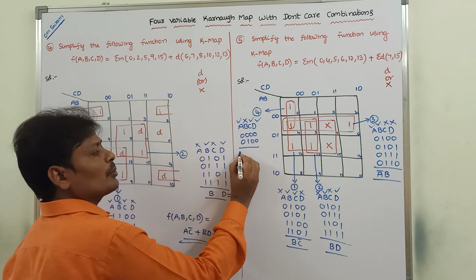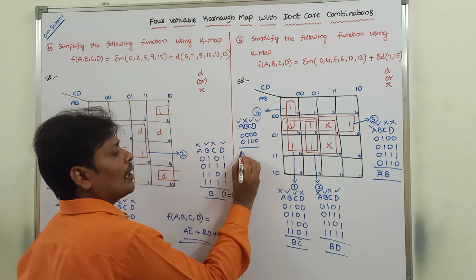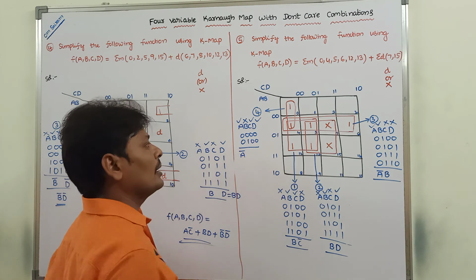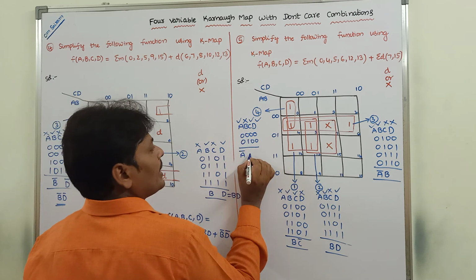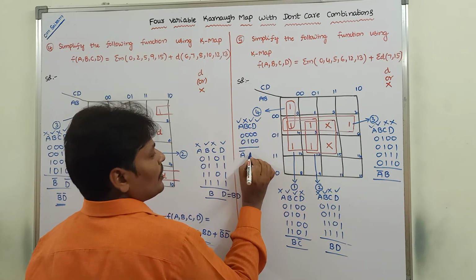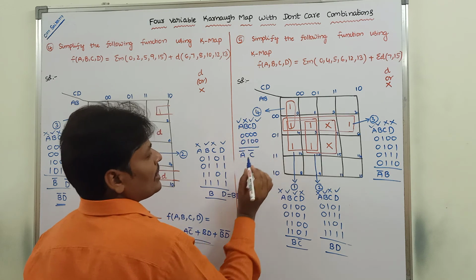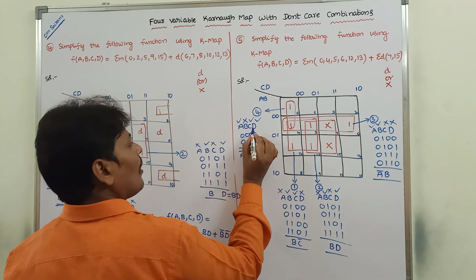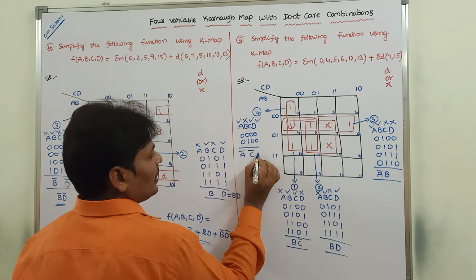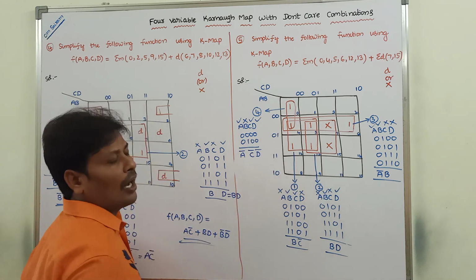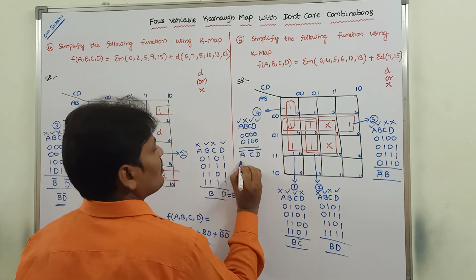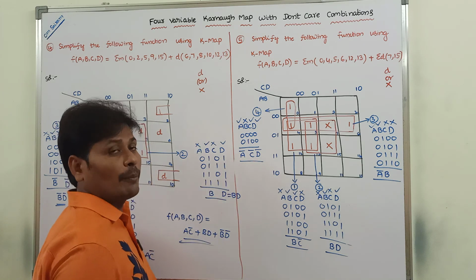A column contains only zeros, so in that column A value 0 means A bar. C column consider because it contains only zeros. In that column C value 0 means C bar. D column is considered. In that column D value 0 means D bar. Okay, what is the expression we are getting? A bar, C bar, D bar.